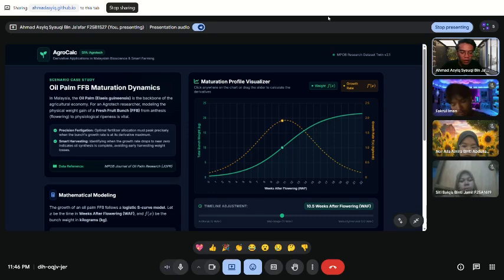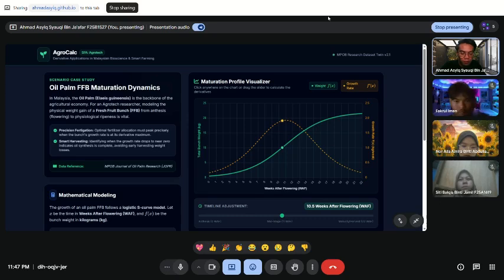In Malaysia, the oil palm industry is a pillar of our agricultural economy. Under MPOB, the Malaysian Palm Oil Board standards, timing is everything. Traditional estates face two major challenges. Firstly, inefficient fertigation. Fertilizers are applied on a rigid cycle, ignoring the fruit's actual developmental stage.